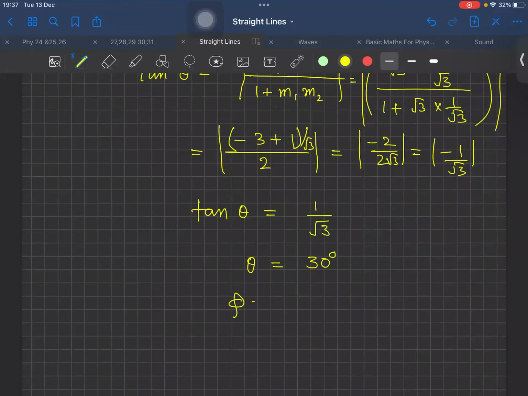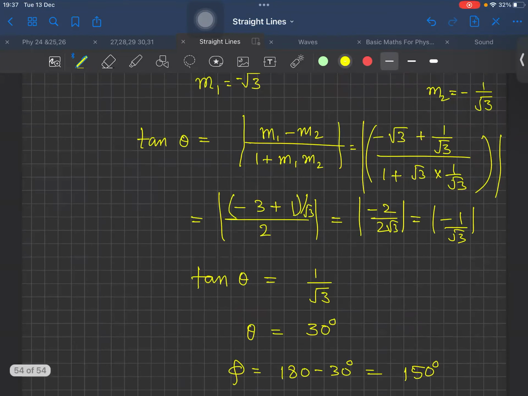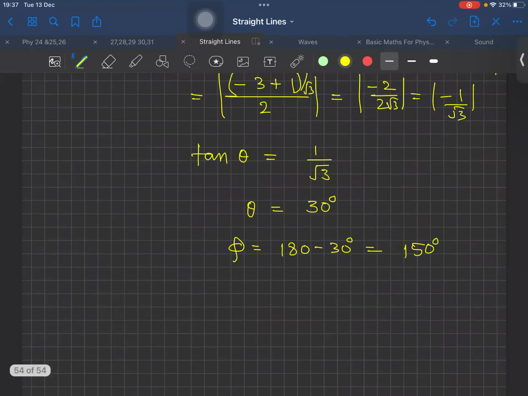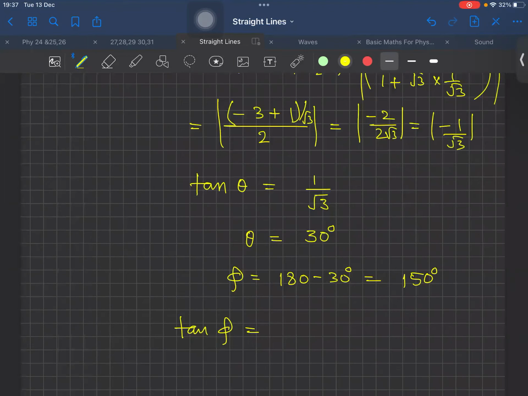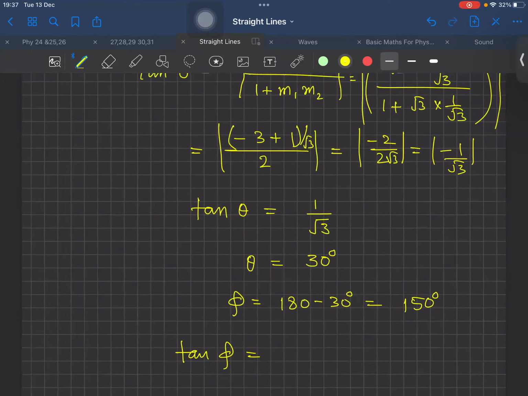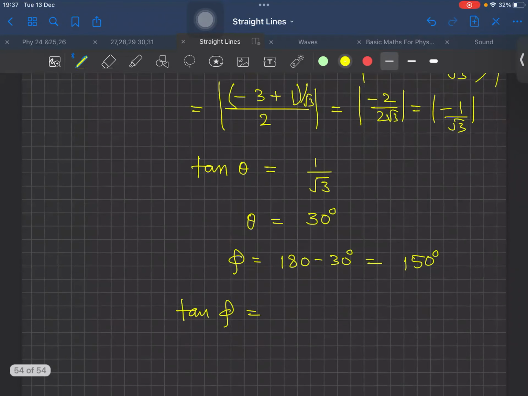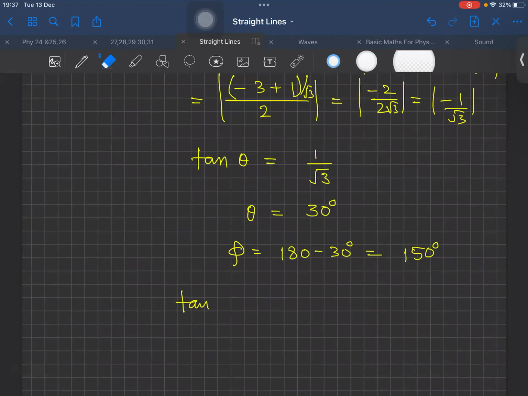So phi, another angle will be 180 minus 30 degree. How much will be that? 150. See, if you won't put modulus sign, what you can write is tan theta, either you get positive or negative. If you don't put modulus sign, tan theta you will get minus 1 upon root 3, right?